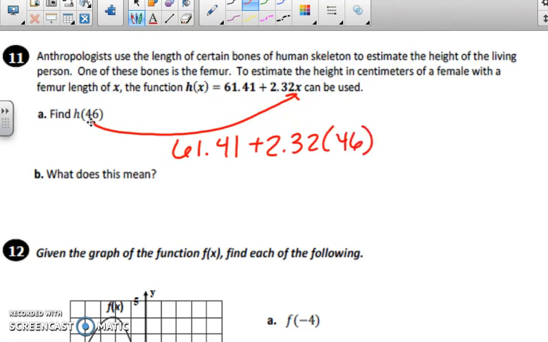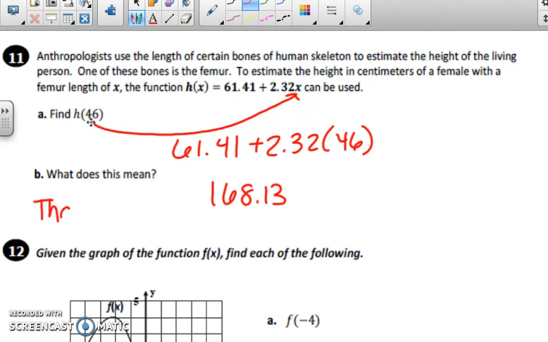So when we type that in the calculator, I did that wrong. You should get 168.13. Okay, what does that mean?